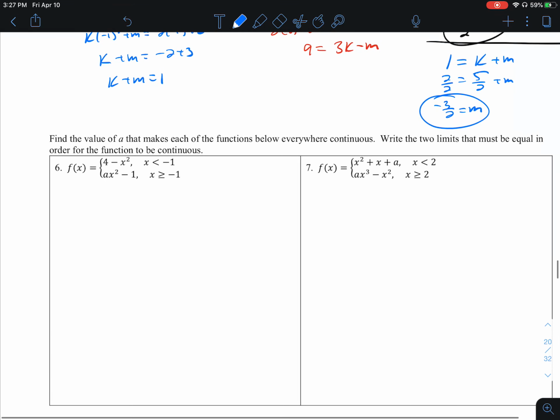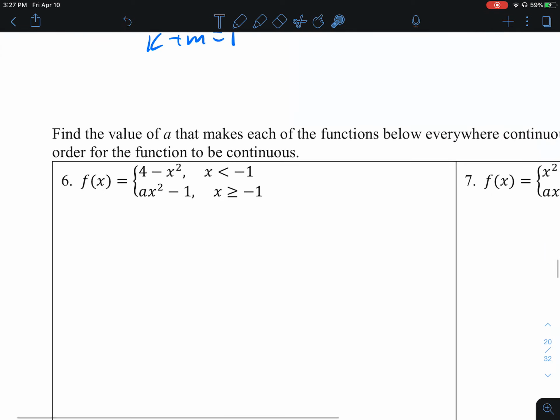Moving on. Number 6. Find the value of a that would make each function below continuous everywhere. Write the two limits that must be equal in order for them to be continuous. Well, this is continuous, it's a quadratic. This is continuous, it's a quadratic.